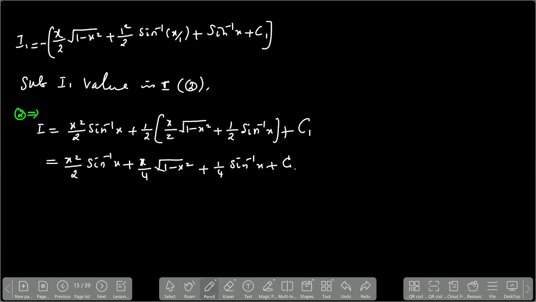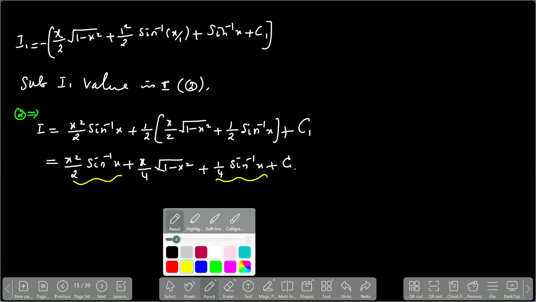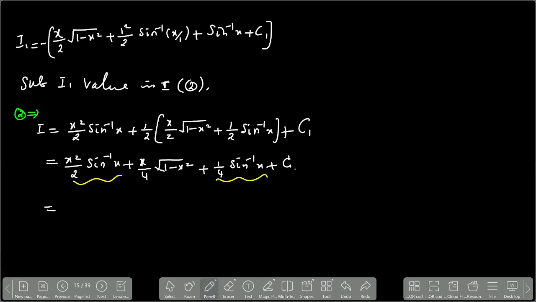Now look at this, sine inverse is common in both terms, so we take sine inverse commonly outside. What is the final answer? x square by 2 plus 1 by 4 into sine inverse of x, plus x by 4 into square root of 1 minus x square, plus c.